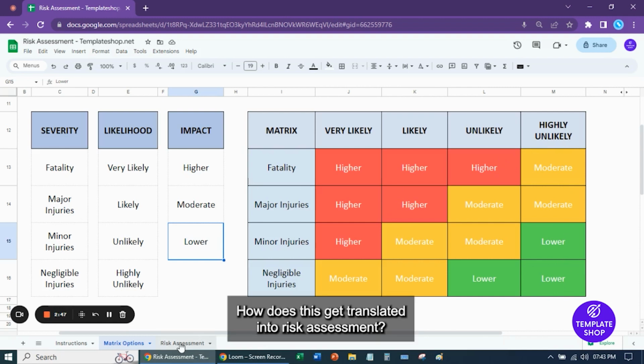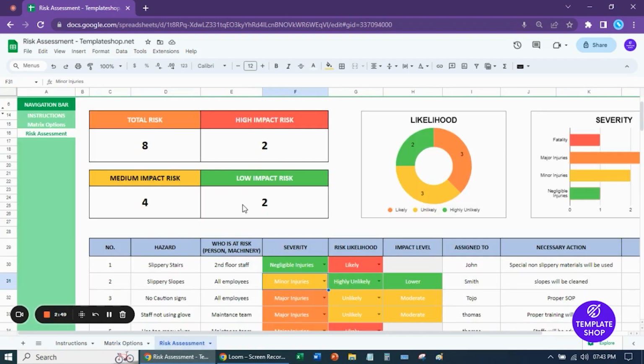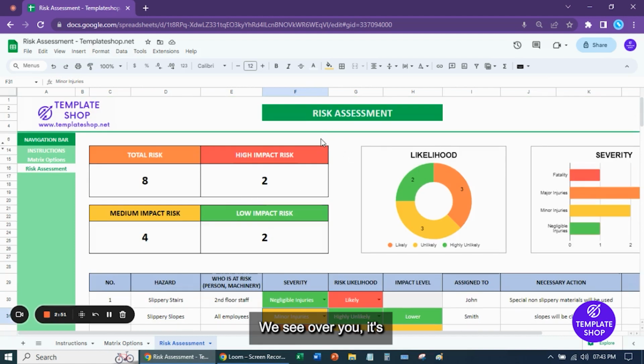How does this get translated into risk assessment? We see over here it's populated and it's providing a very interactive thing in terms of colorful charts and graphs in the metrics.